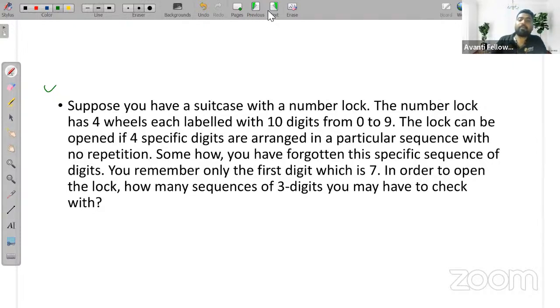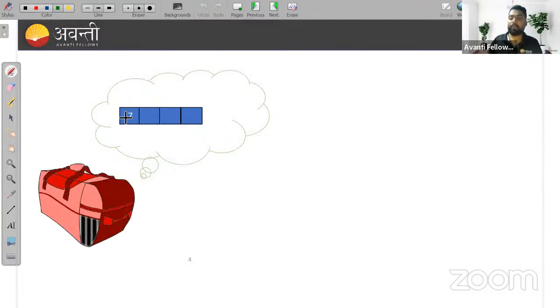That means you have a bag with a 4-digit code whose first digit is 7, and you have forgotten the 3 other digits. How many 3-digit sequences can you create?